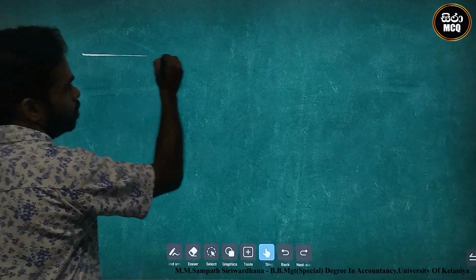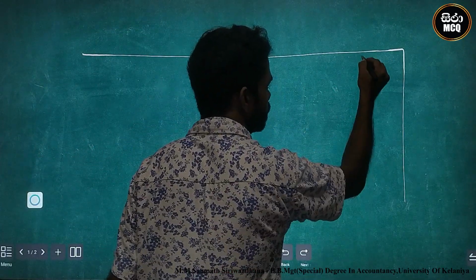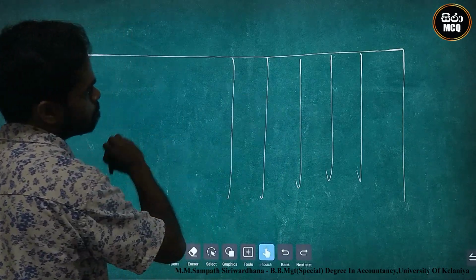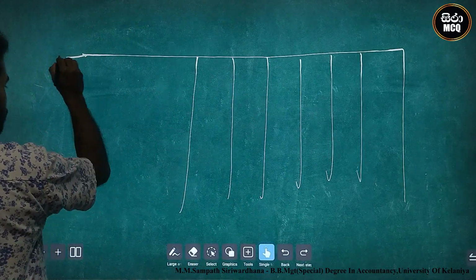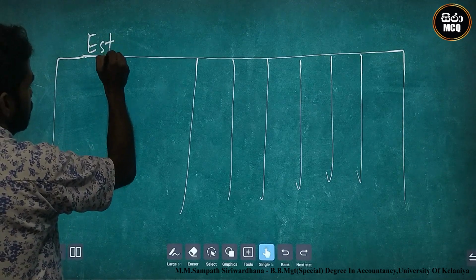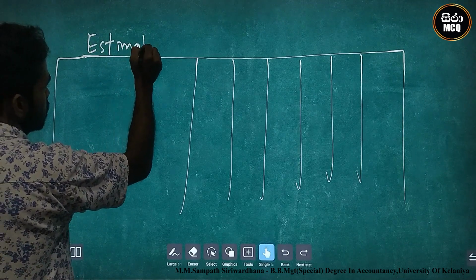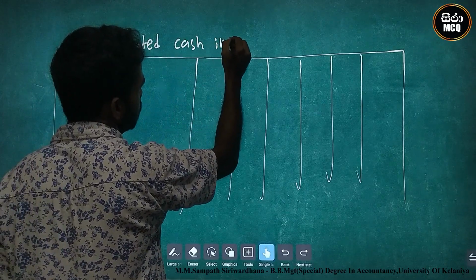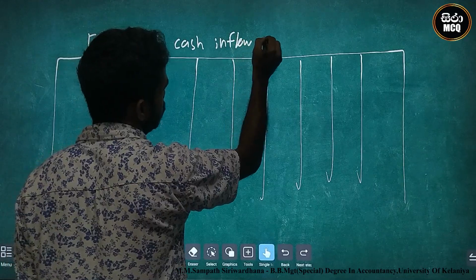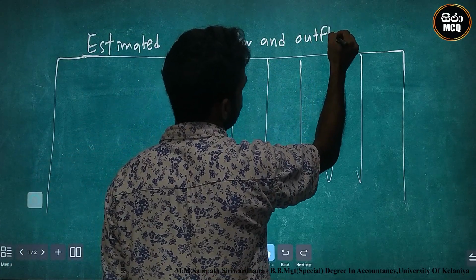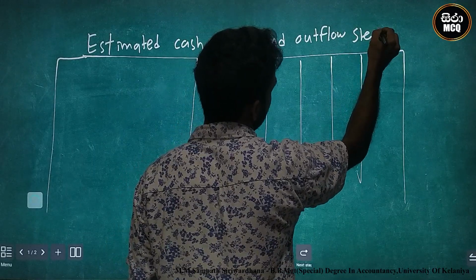This is how we can calculate the estimated cash inflow and outflow sheet.